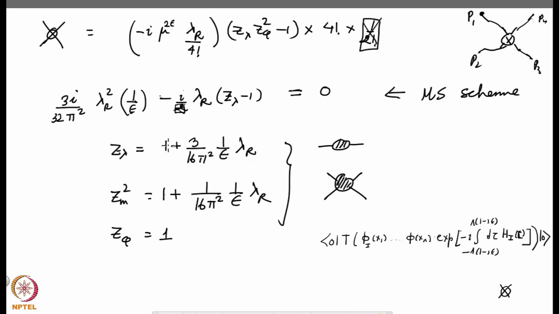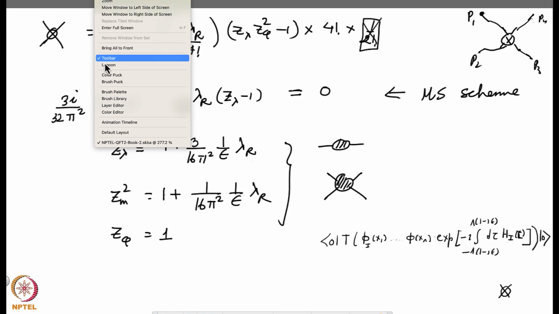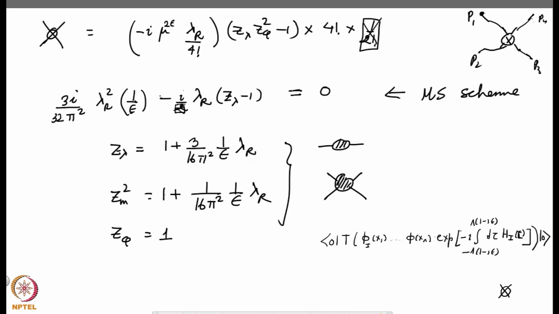And then Z_lambda should become 3 over 32 pi squared. So this is a correction that I wanted to make.